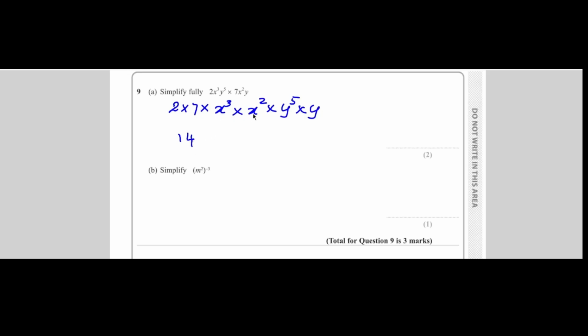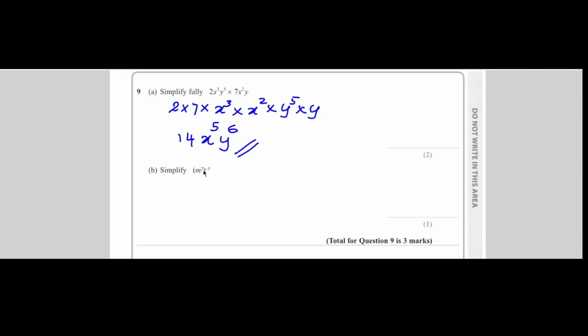When multiplying letters with the same bases, we add the powers. So 3 plus 2, x to the power of 5. For y, we add the powers, 5 plus 1, y to the power of 6. This is the answer.